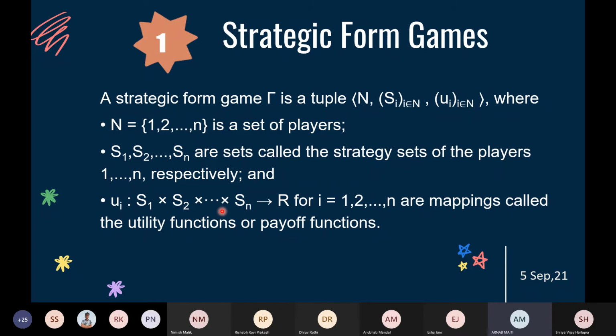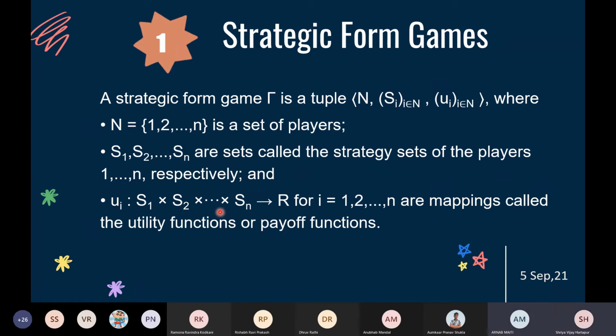Now, suppose everyone has decided that they will play one particular strategy or action, interchangeable terms, then each player will get some, you can consider money. So that is basically a utility function. It depends on the strategies which each and every player is playing. So yeah, Shreya, you can take over. You can add on that.